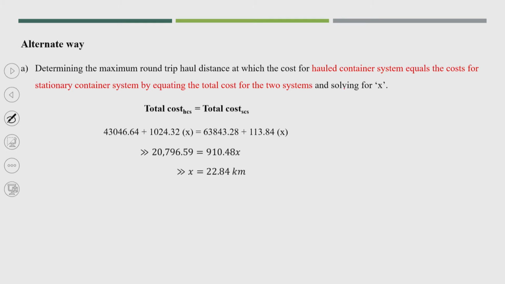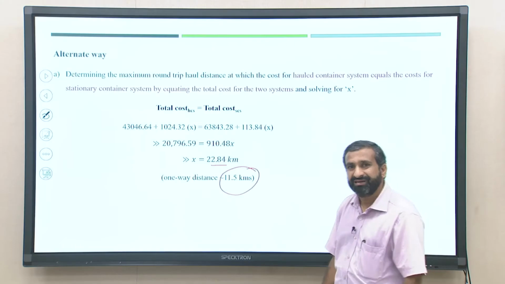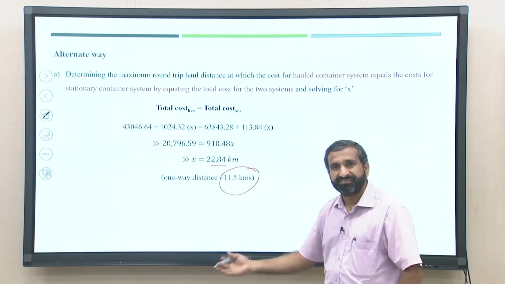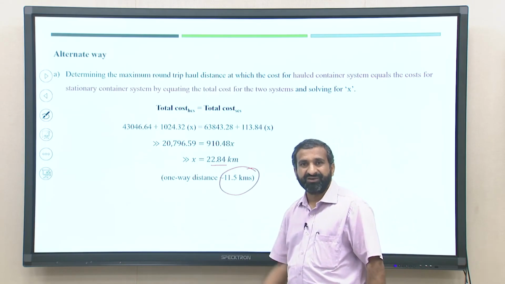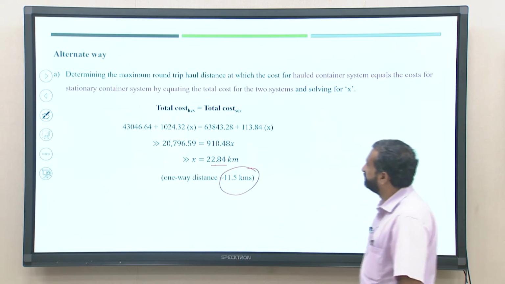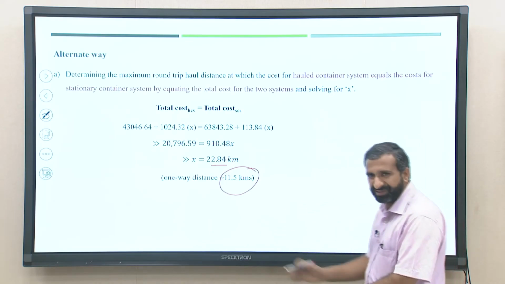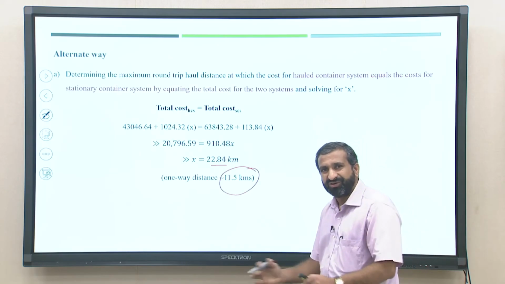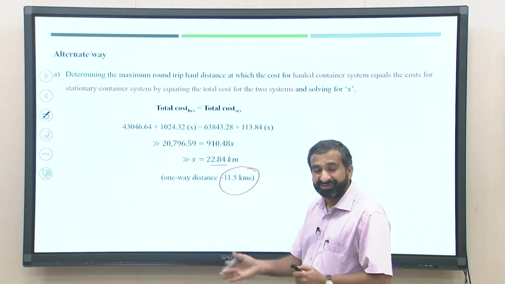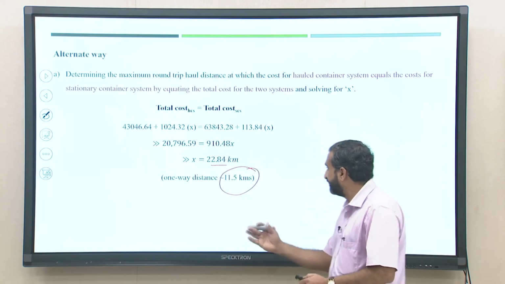X also here comes to the same value, 22.84, and that one way distance of 11.5 kilometer is the answer of the problem, where the private collector can plan or have the recycling facility or MRF facility. So, need not fear that the cost of hall container system or stationary container system will be high.